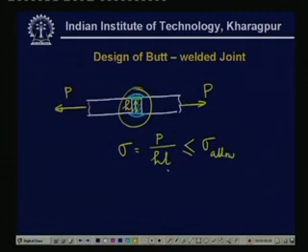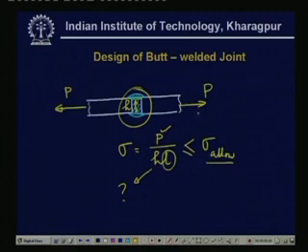Now, this is the design criterion. In design we want the joint to carry a certain load P. We select L and we know sigma allowable. From this we design what H is. So, this is the general design procedure.